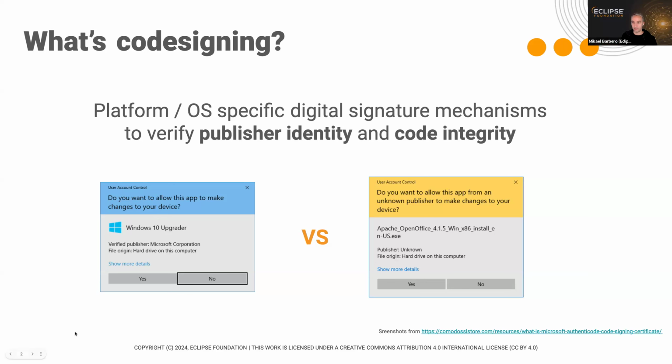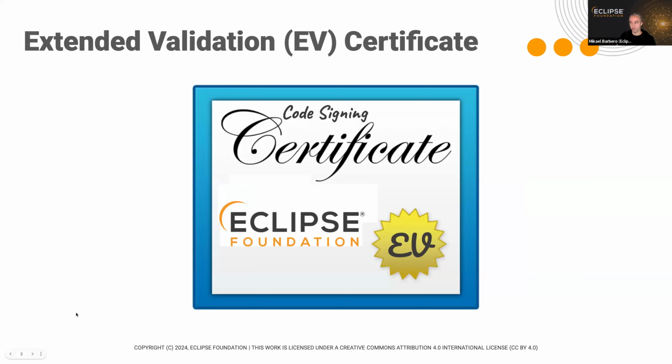To provide this service, what the Eclipse Foundation does is acquire a certificate for code signing specifically, and for Windows, for instance, to pass the user access control, the UAC, it needs to be what is called an extended validation code signing certificate.